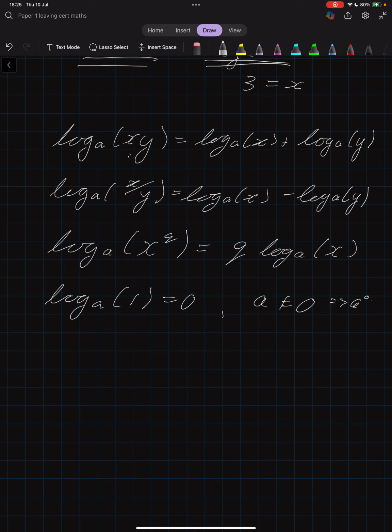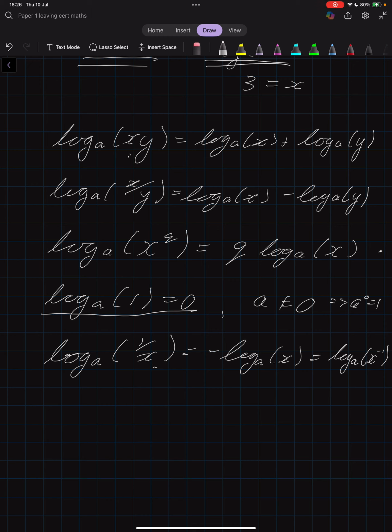We also have that log to the base a of 1 over x is equal to minus log to the base a of x. Remembering that 1 over x is the same thing as x to the minus 1. So in the rule above, when the q comes down, you can just say the minus 1 comes down. That's where the minus comes from.